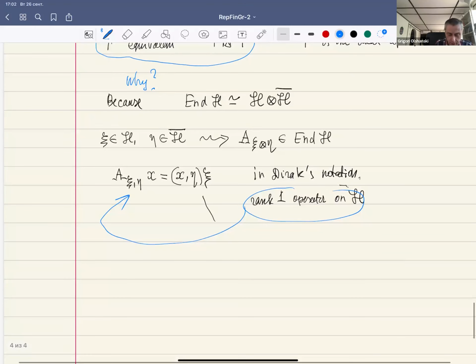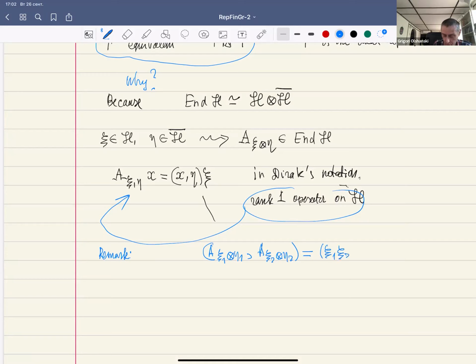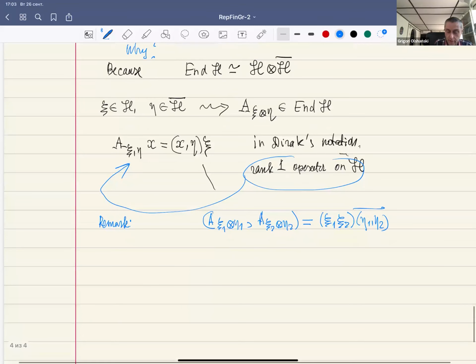So a little remark. The remark is about the scalar product in the space of endomorphisms, and it is equal, by the very definition of this rank 1 operator, to the expression here.